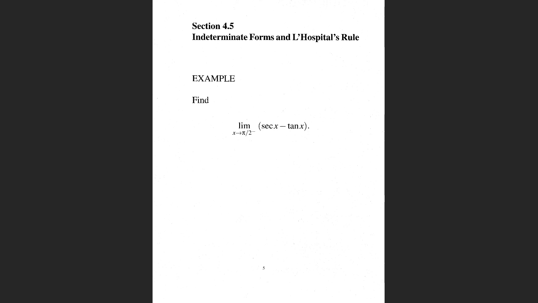Yeah, it's infinity, right? So the secant of x is 1 over cosine of x. Tangent of x is sine of x over cosine of x. So the fact that the cosine of x goes to 0, this goes to infinity, and this goes to infinity as x approaches pi over 2, means that you have infinity minus infinity here.